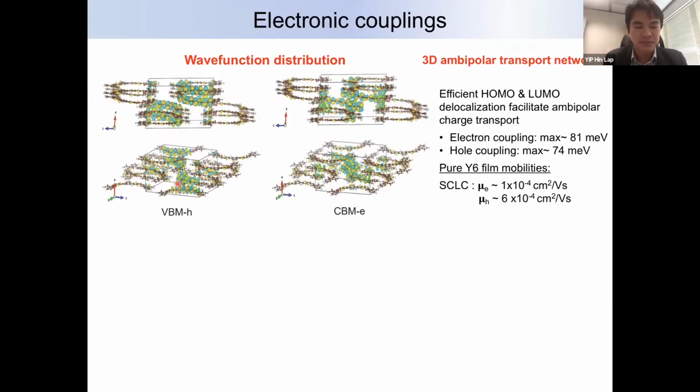The holes can be delocalized in that direction due to the core and core stacking. And for the electron, the LUMO level is in the vertical direction. So this is very interesting because from the calculation, we find that both electron and hole can be delocalized in the crystal, making it a bipolar charge transporting material.